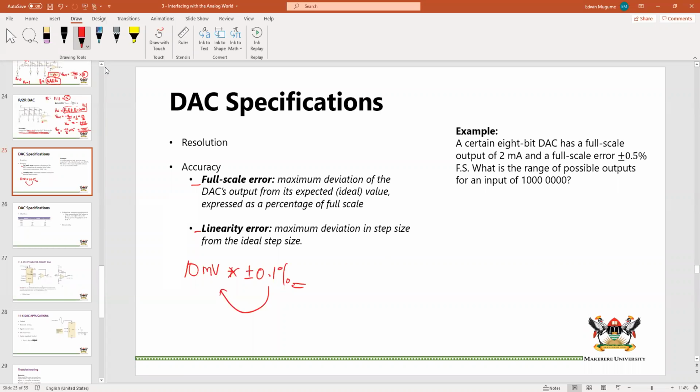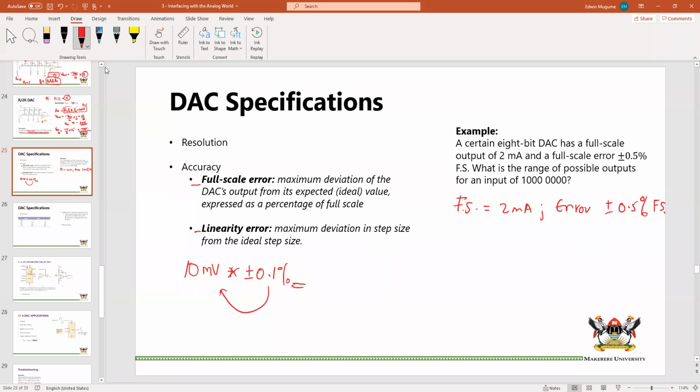If we look at this example, we have an 8-bit DAC that has a full scale output of 2 milliamps, and a full scale error of plus or minus 0.5% full scale.